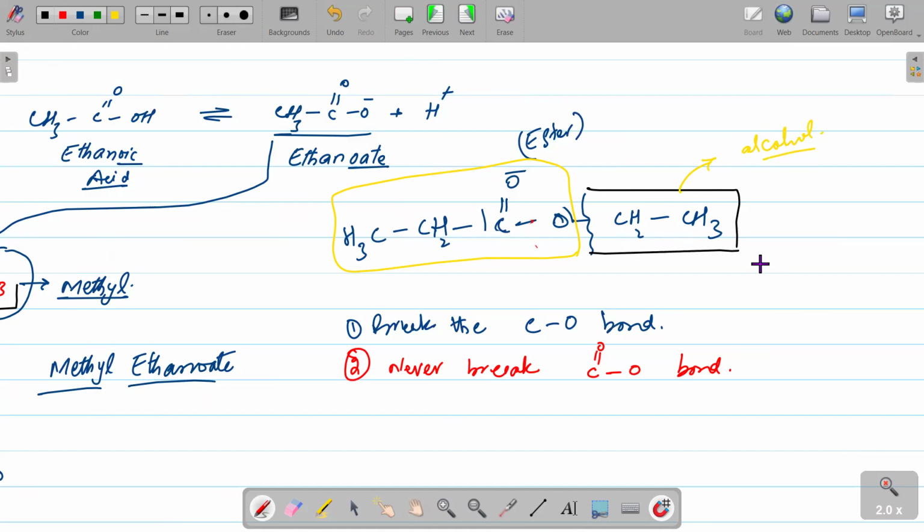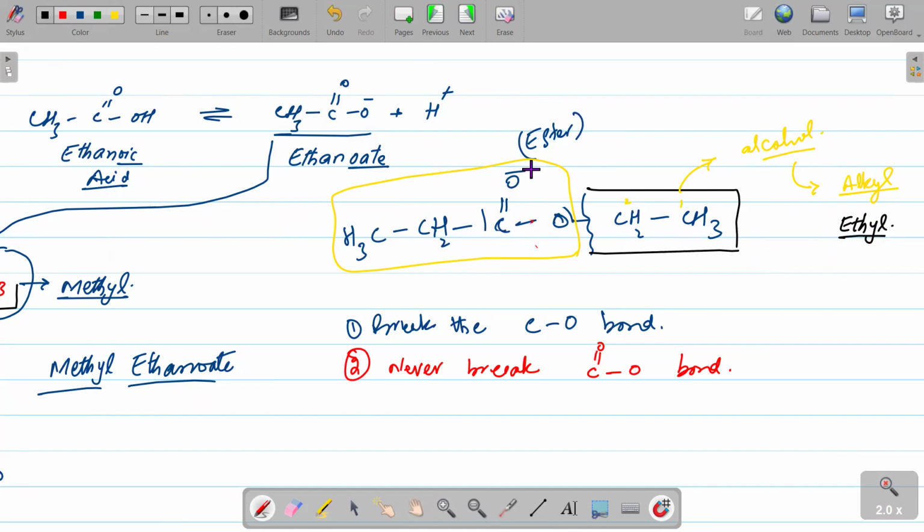For the naming of the alcohol part, you simply name it as a member of the alkyl series. For example, here, how many carbon atoms do I have? 1 and 2. It means that it is ethyl. Is it clear?